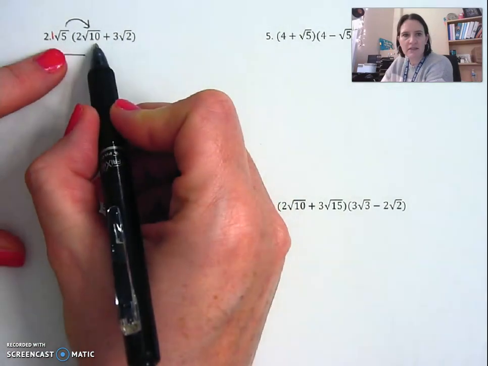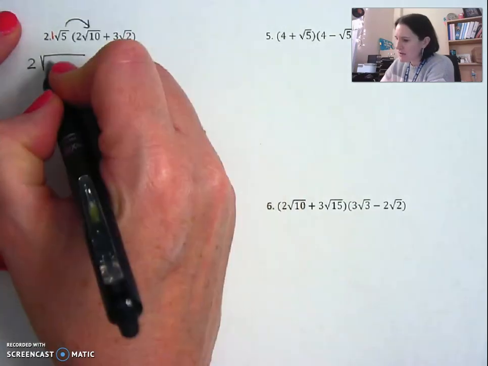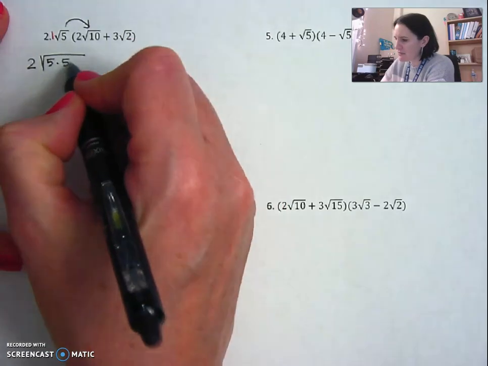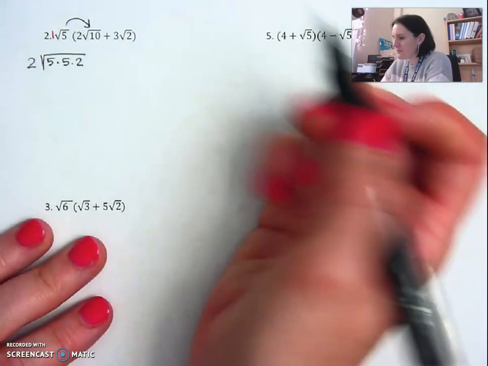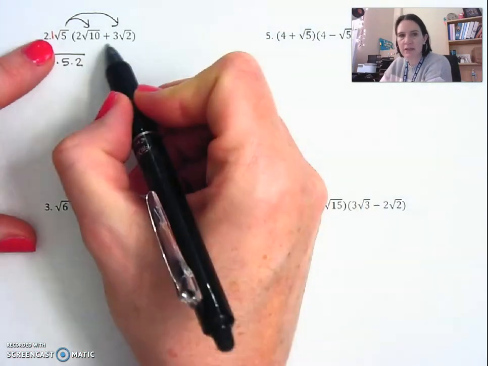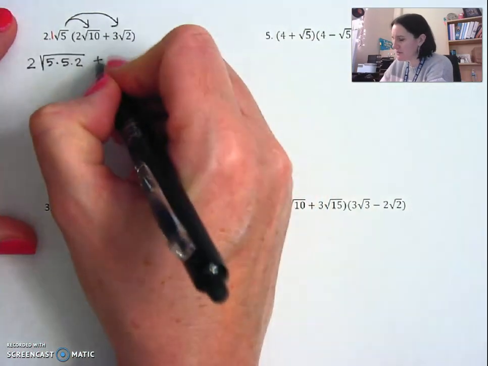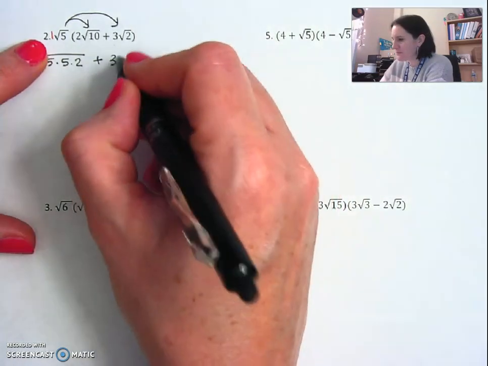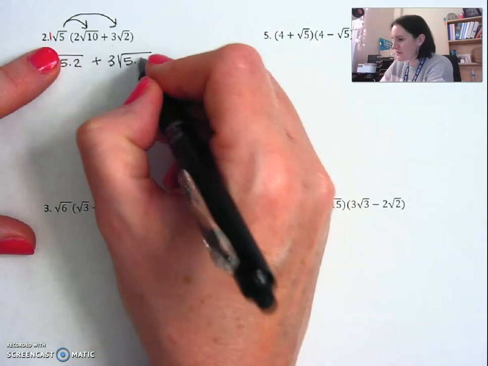And the insides is 5 times 10. So I'm going to put down my 5, and then I'm going to factor that 10 into 5 times 2. And now I will distribute that to the second term. That's a positive times a positive, which is a positive. The outsides are 1 times 3. The insides are 5 times 2.